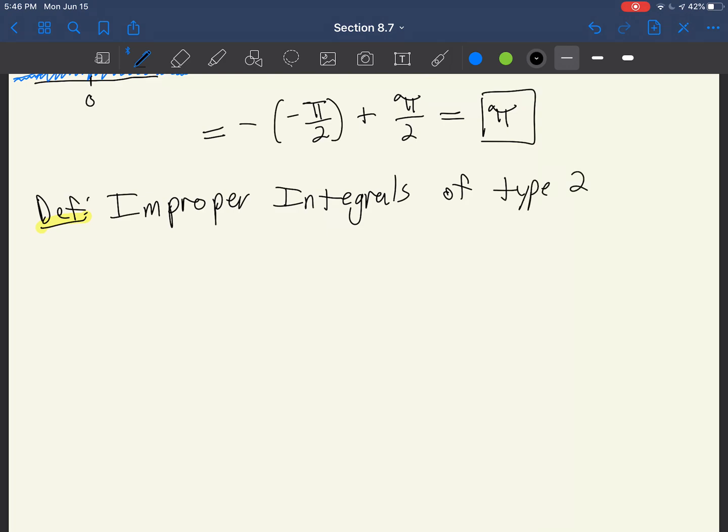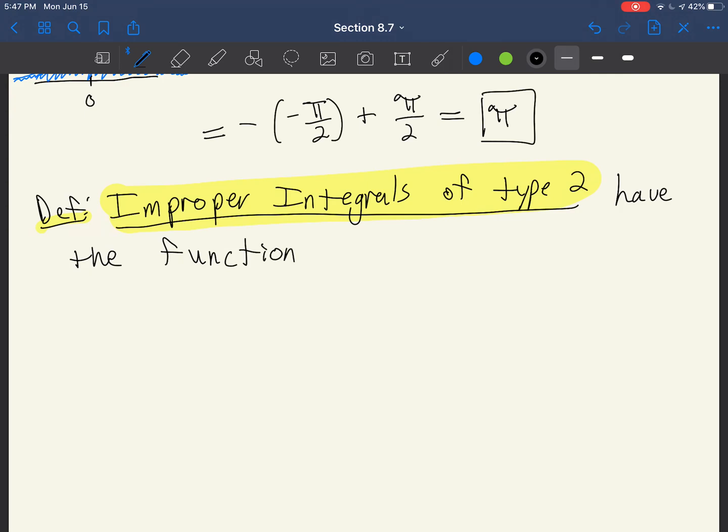So, improper integrals of type 2. Improper integrals of type 2 have the function become infinite at a point.